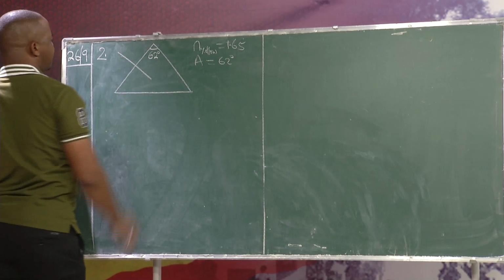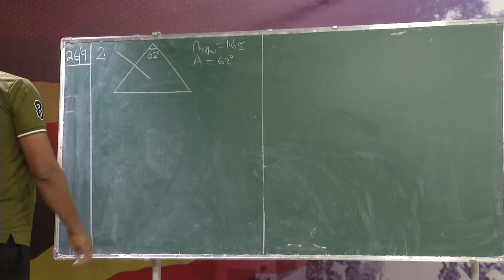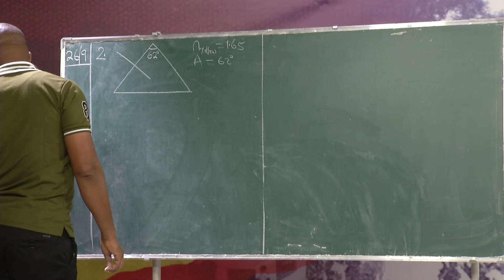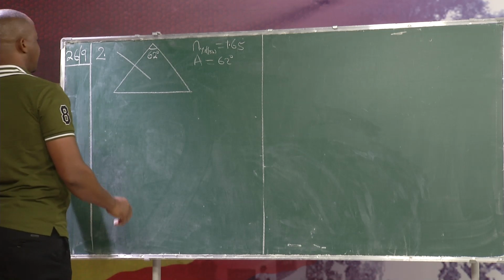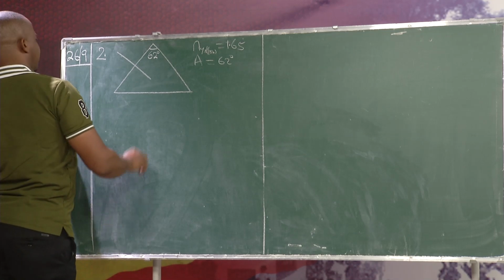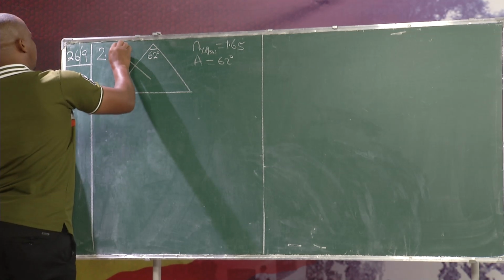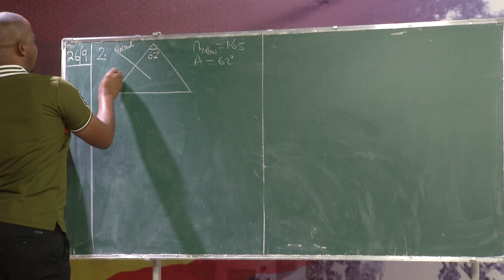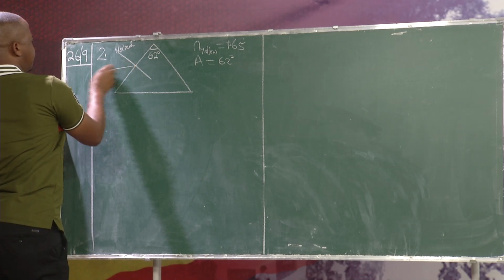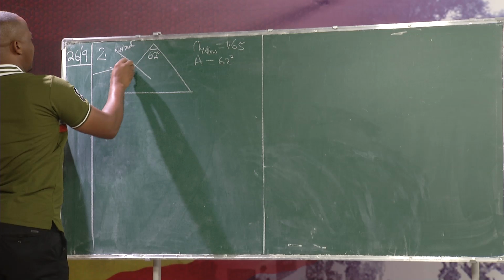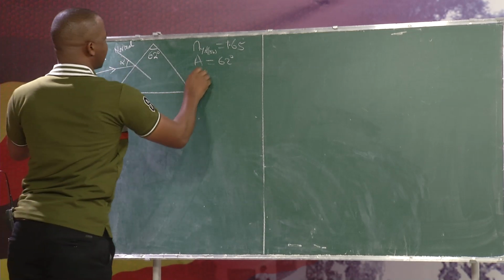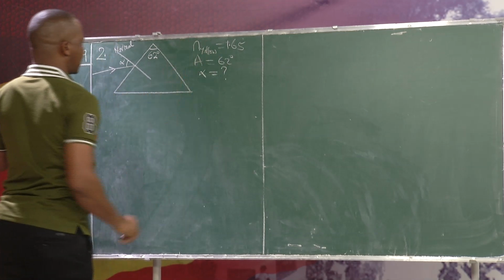Now, they want us to find the smallest value of the angle of incidence. If this is our normal, and we say light comes in at an angle of incidence alpha, alpha is what they're asking us to find.